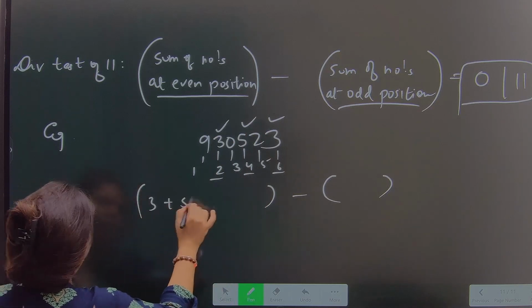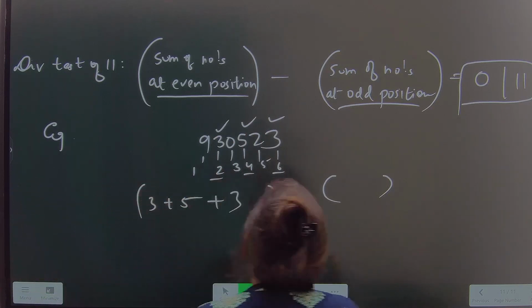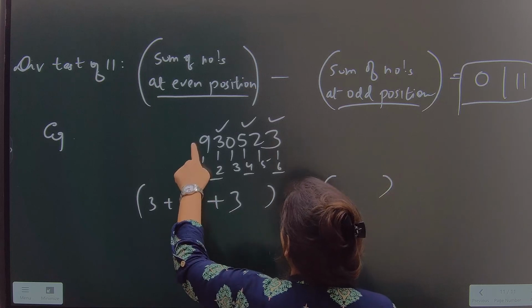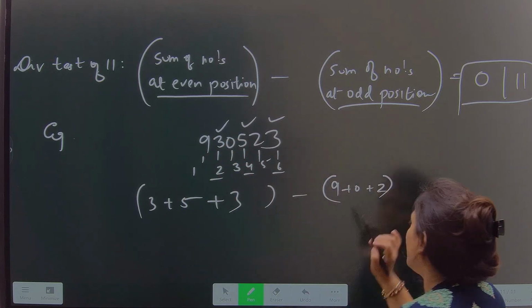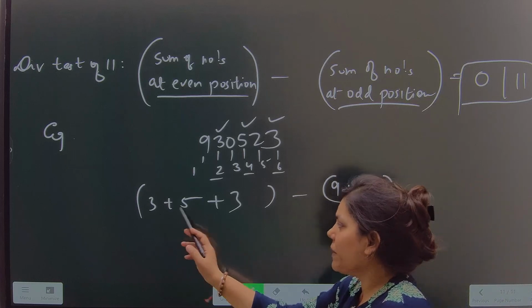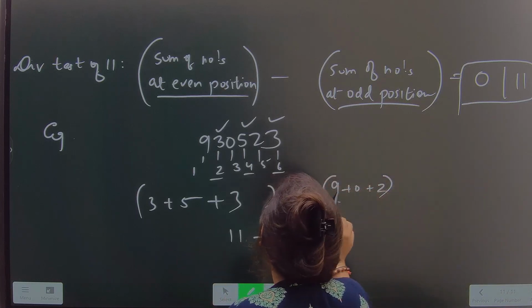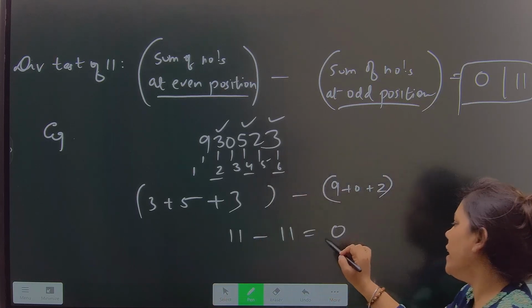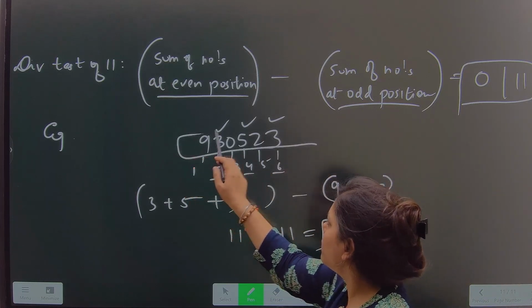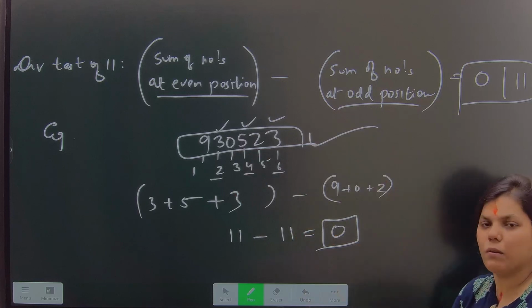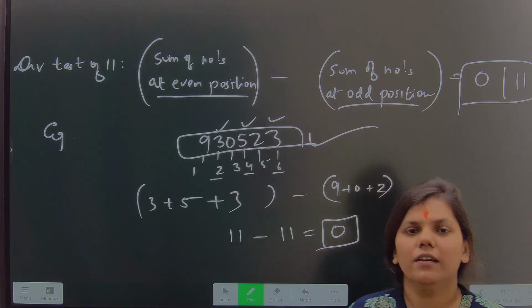And the numbers at odd positions are 9, 0 and 2. अब 3 plus 5, 8 plus 3, 11. 9 plus 2, 11. Answer क्या आया? 0. मतलब ये नंबर 11 से divisible है. This number is divisible by 11.